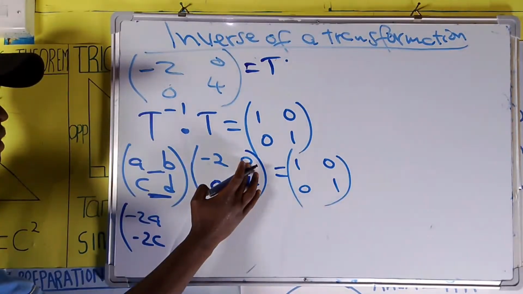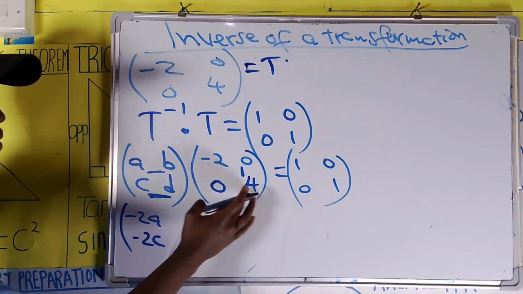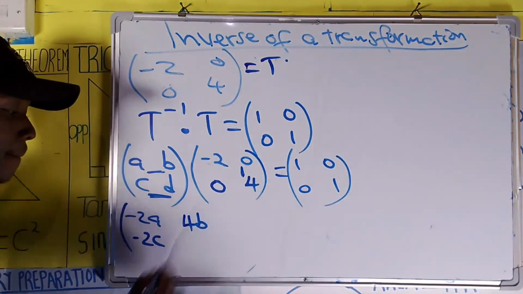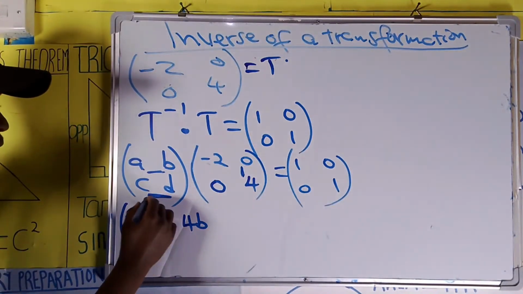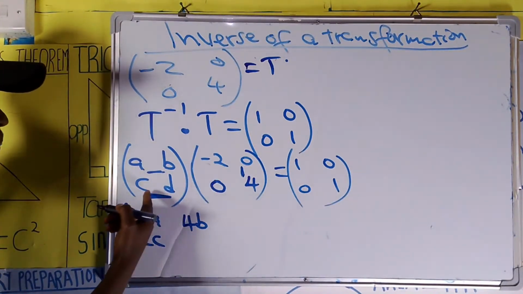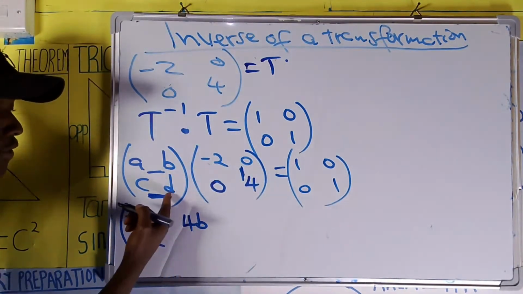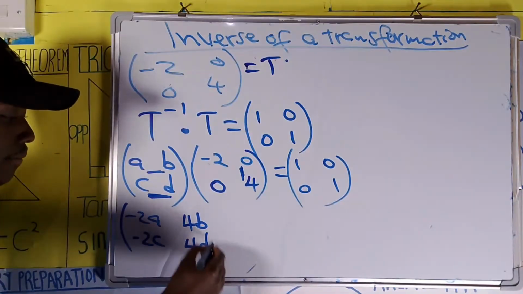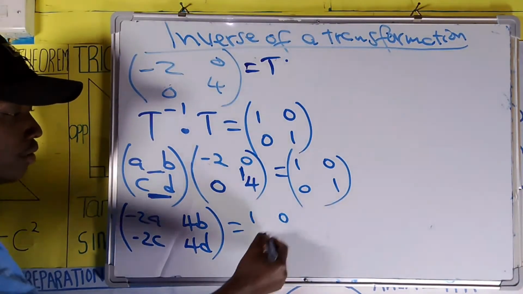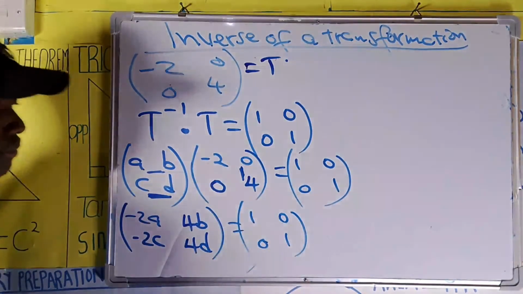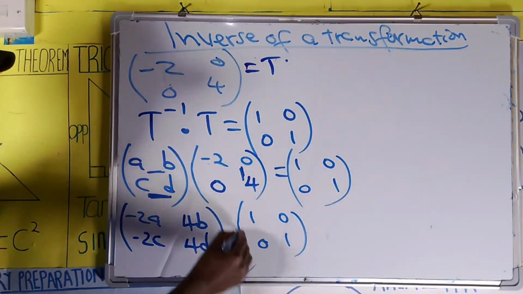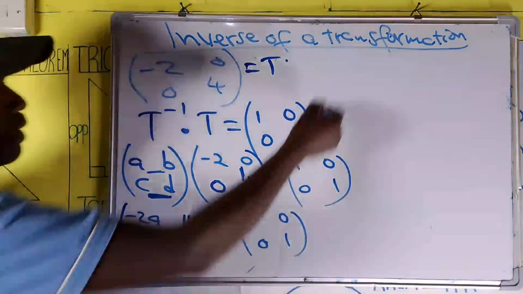A times 0 is 0 plus 4 times b is 4b. C times 0 is 0 plus 4 times d is 4d, is equal to 1 0 0 1.